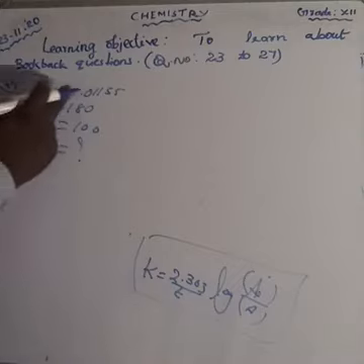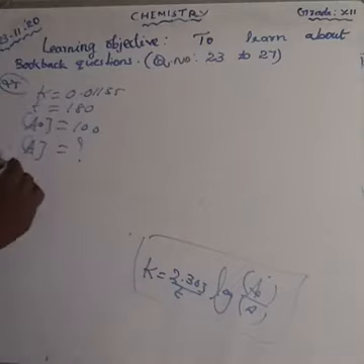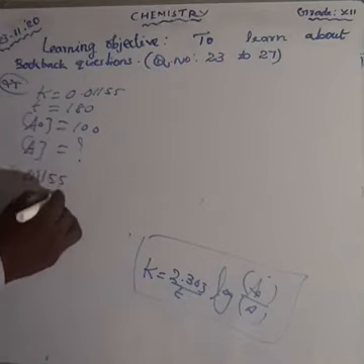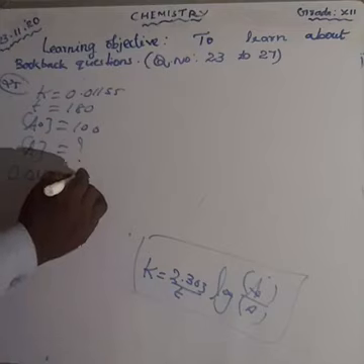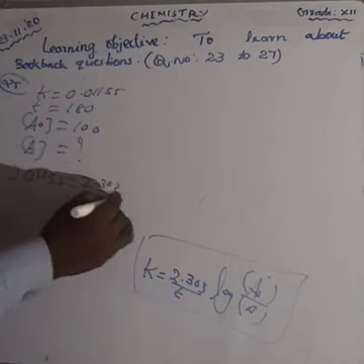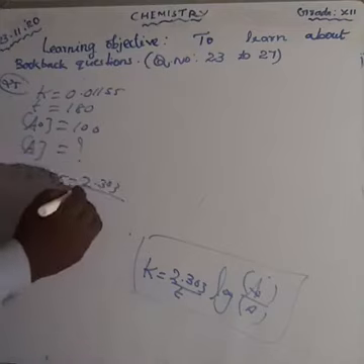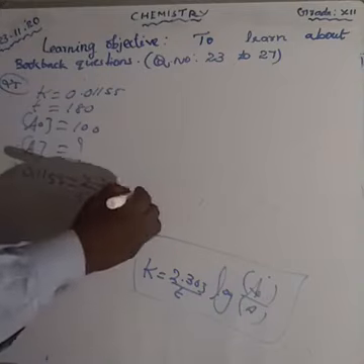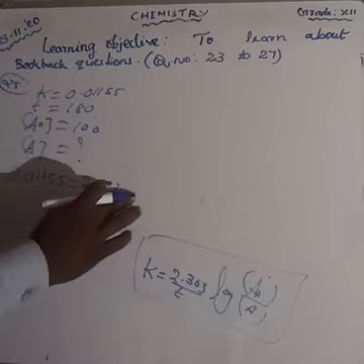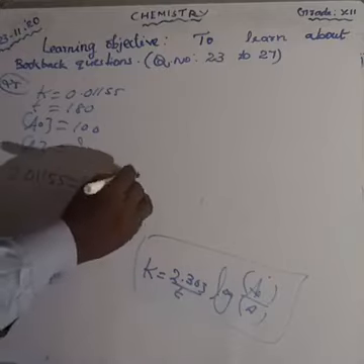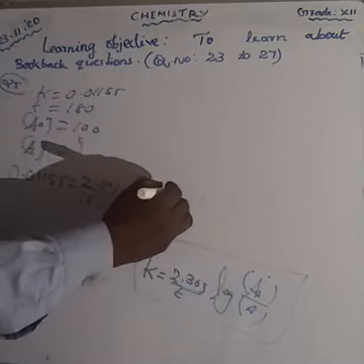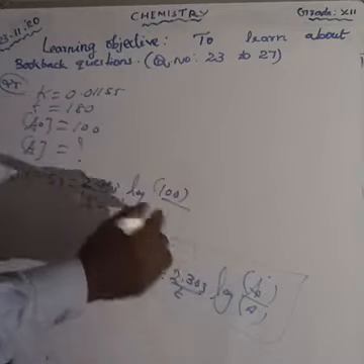K is given: 0.01155 is equal to 2.303 divided by T, which is 180, times log A naught, which is 100, divided by A, the question mark.